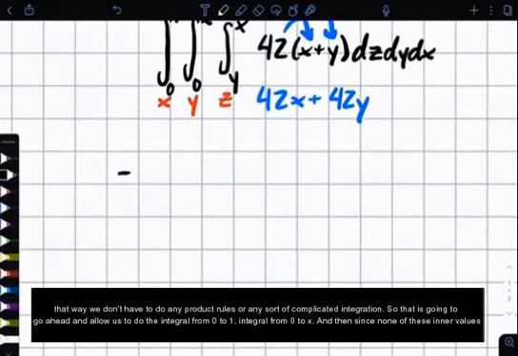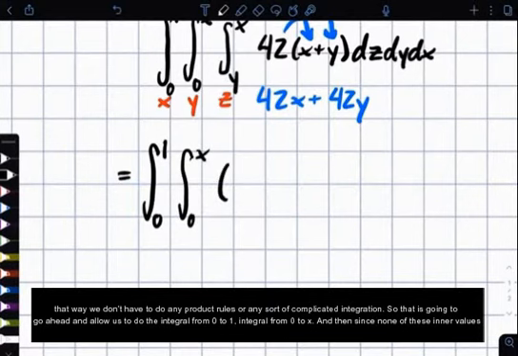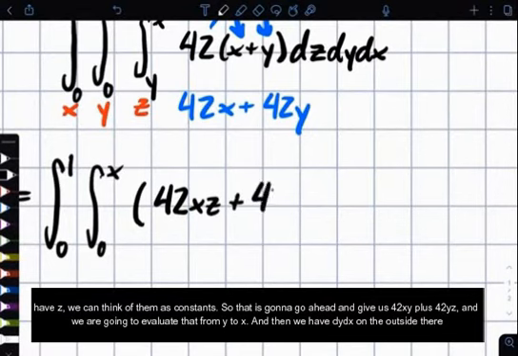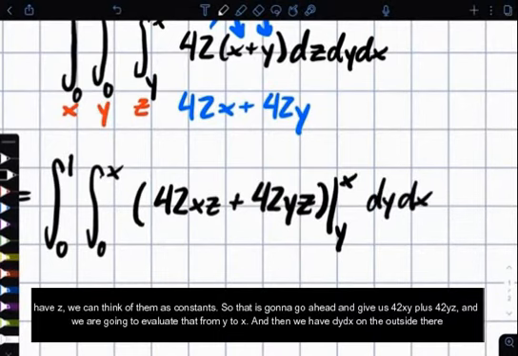So we have the integral from 0 to 1, the integral from 0 to x, and then since none of these inner terms have z, we can think of them as constants. That gives us 42xz plus 42yz, and we evaluate that from y to x, with dy dx on the outside.